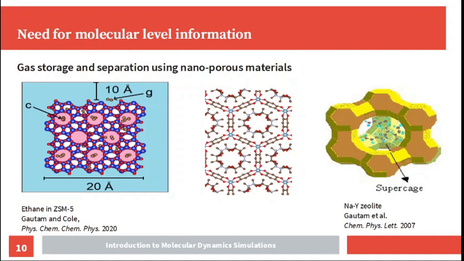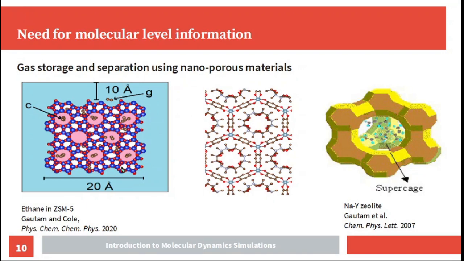The question is, is there a way we can somehow take it away from the atmosphere and store it somewhere? And a promising candidate for this is a class of materials which have nanopores. That means these materials have pores of the order of a few nanometers.